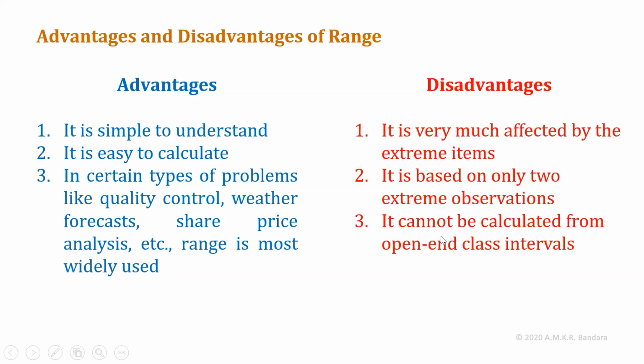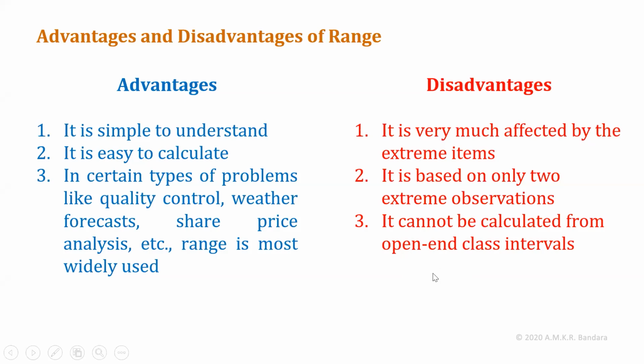Another disadvantage is sometimes you may get secondary data. As we learned about sources of data, we have primary data and secondary data. In the secondary data, sometimes this data may have been summarized halfway. You will not get raw data.